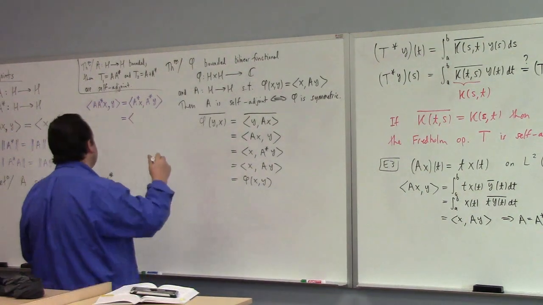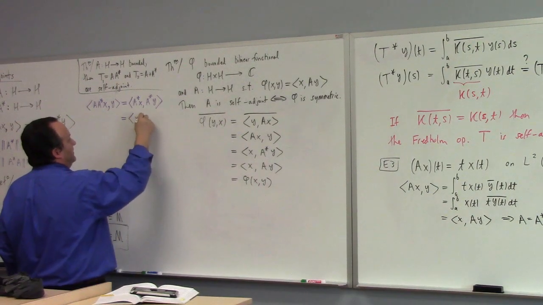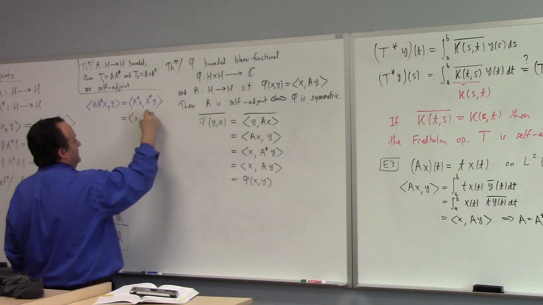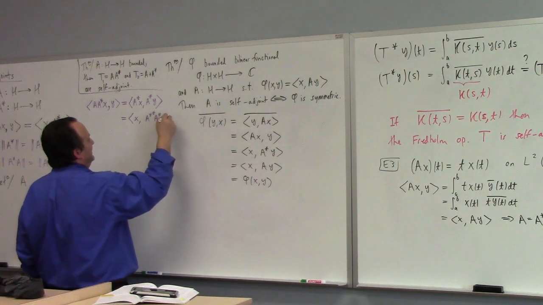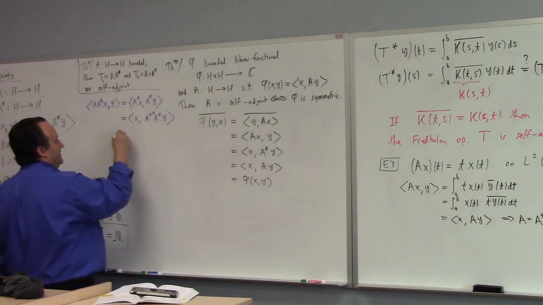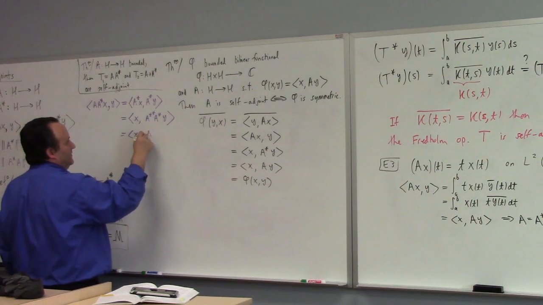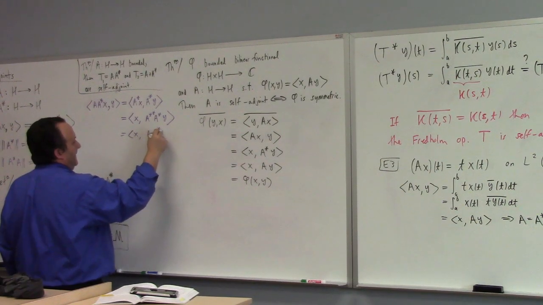He says that follows directly from the definition of adjoint. So here we have A adjoint A, y. But this is just x with A adjoint A, y.